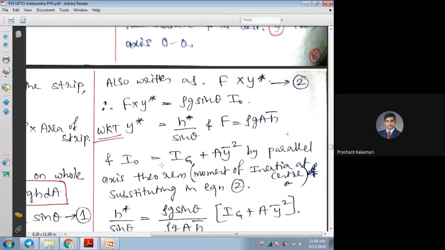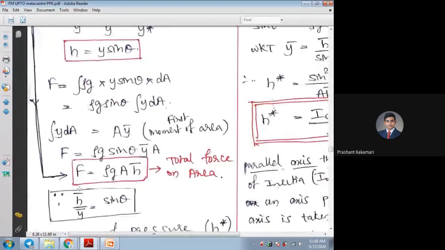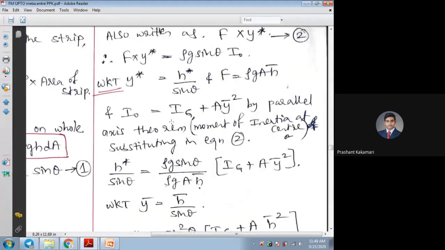Now once you replace these terms, I can write F as rho g a h bar from the forces, F equal to rho g a h bar. So that is replaced here, rho g a h bar. Y star is replaced with h star by sin theta.